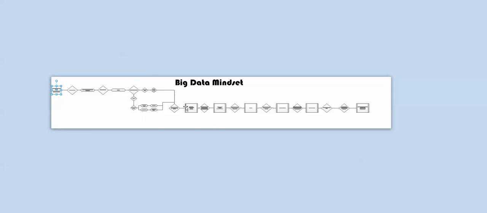Transforming that data into a usable data set, visualizing the data and looking for trends, judging whether those trends are legitimate or whether they're based on faulty data or the amount of data or whatever it is, and then making decisions on data, and then automating this whole process. So this is the big data mindset.